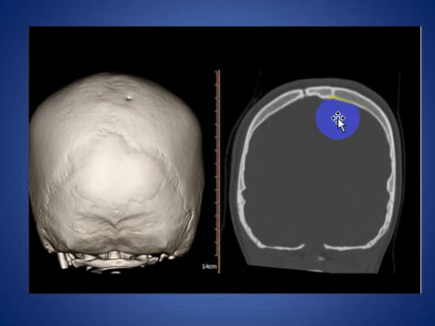In the coronal CT scan images, one hole is closed and the other hole is barely open. This is called biparietal foramina, and this is a normal variant and should not be mistaken for pathology.